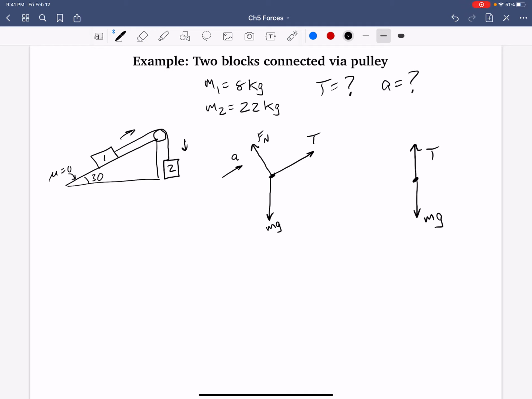Let's draw x and y like that. That leaves tension in the positive direction. For block 2, positive is down. We have to keep that same sign convention, or rather, we should keep that same sign convention.